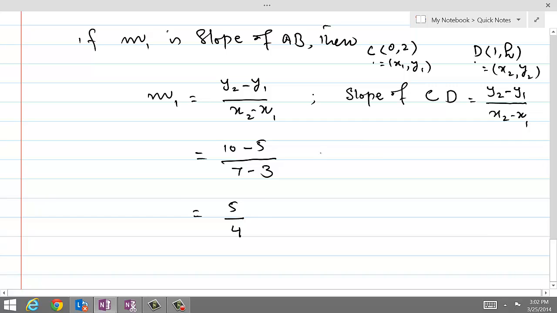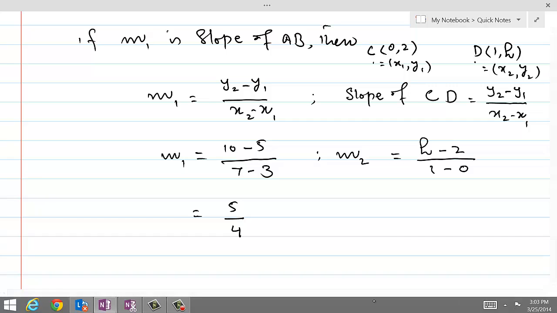If we call the slope m2, then m2 is h minus 2 divided by 1 minus 0. Because that's again the two-point slope formula, the value of m2 is equal to h minus 2.